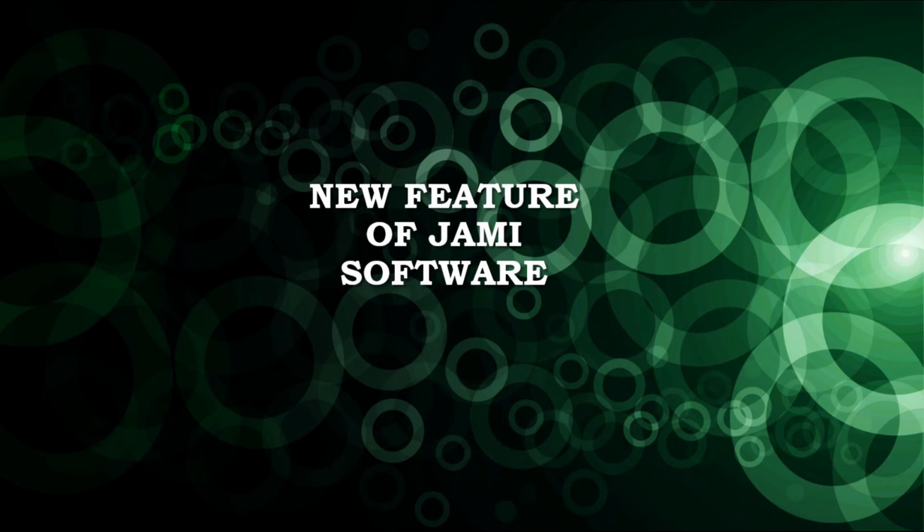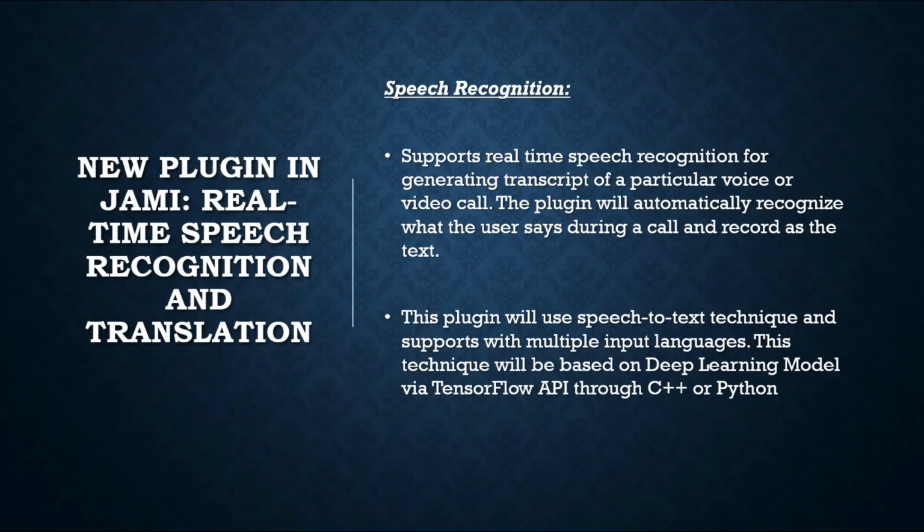Since Jami is a communication software that supports video conference and voice chat, our new proposed feature is actually a new plugin in the Jami's plugins subsystem, which is called real-time speech recognition and translation. So the plugin contains 2 parts.